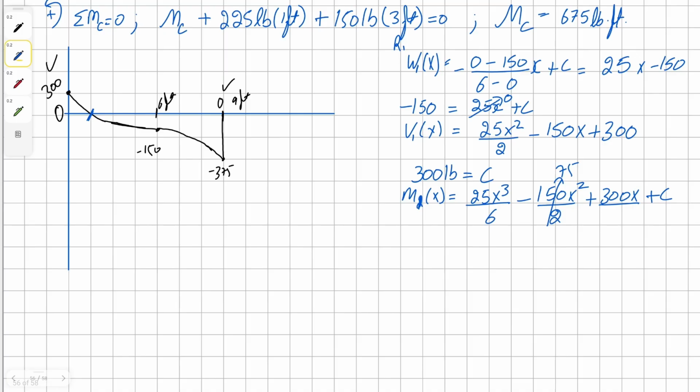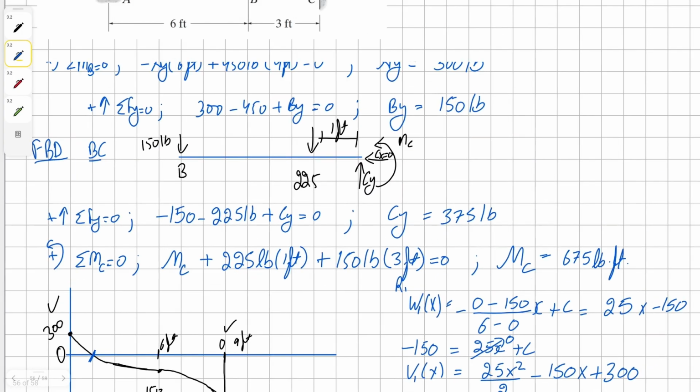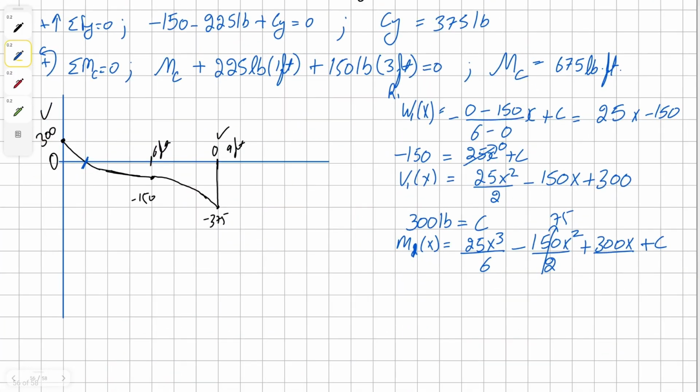Now to find our moment constant, when our x is 0, our moment is 0, therefore our constant is 0. Rewriting it to make it look cleaner, we have 25 times x cubed divided by 6, take away 75x squared plus 300x as our solution.